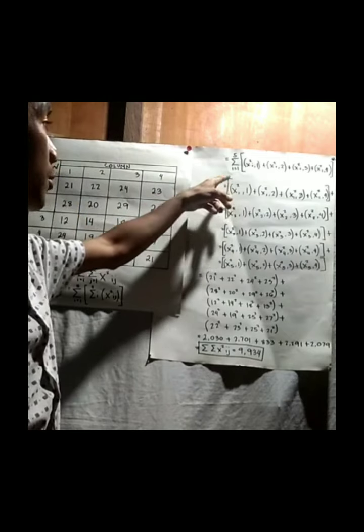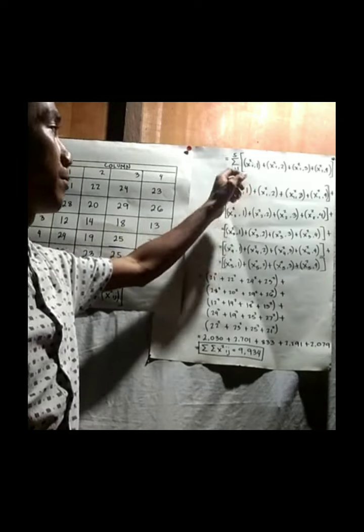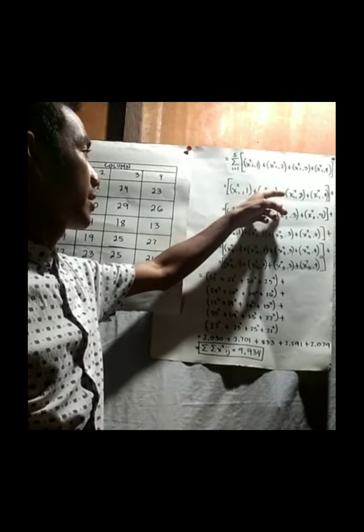So, first is the given formula. We expand it: x squared sub 1 in column 1 plus x squared sub 1 in column 2 plus x squared sub 1 in column 3 plus x squared sub 1 in column 4.